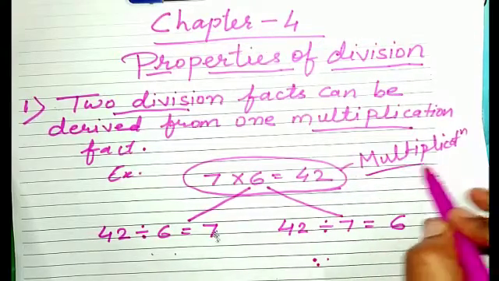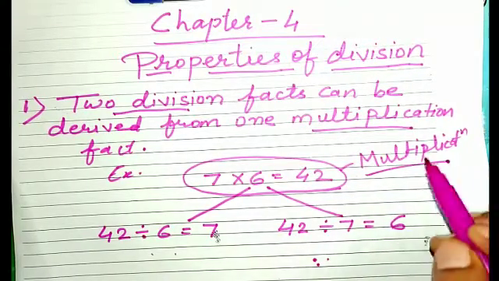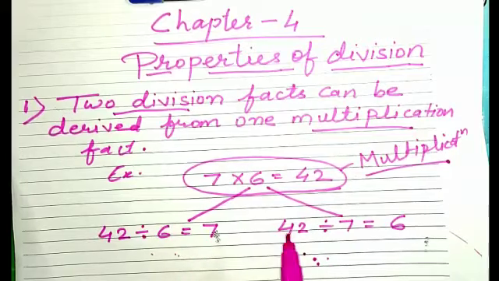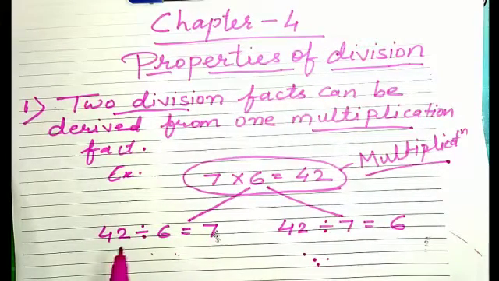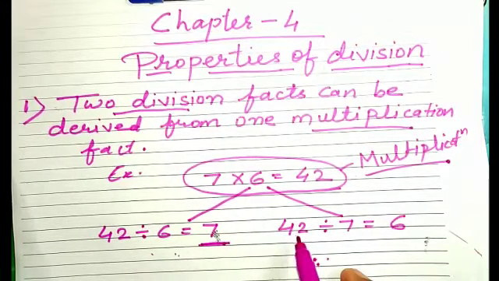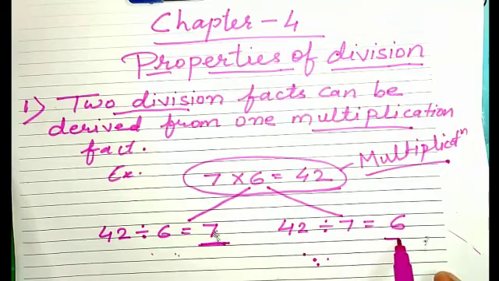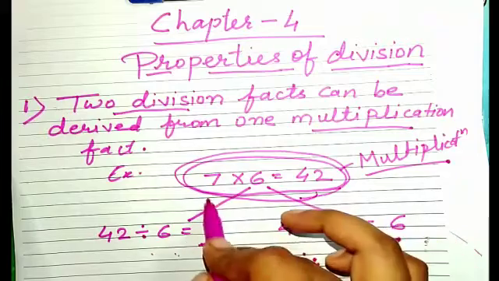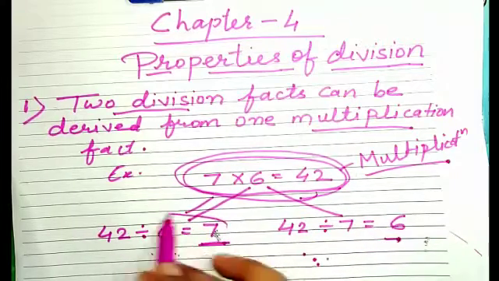This is your multiplication. Okay, so from this we will take two division facts: when we divide 42 by 6 we will get 7, and when 42 is divided by 7 we will get 6. Yes, it means from this multiplication we are getting two types of division.